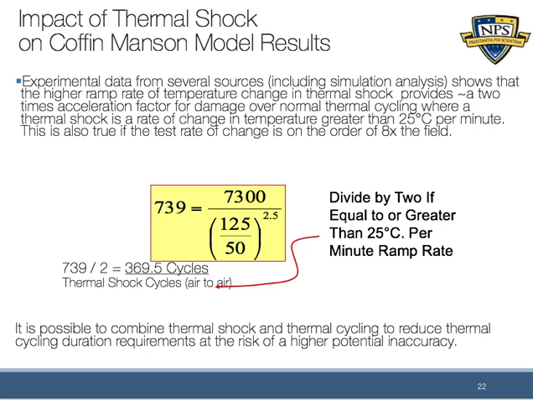Okay, so there's a little bit of work that's been done to show that if you have very high rates of change, for example 25 degrees Celsius per minute, which is pretty quick, then the number of cycles that would be equivalent in the last example I just showed would not be 739, it would be more like 370. And that's to say that the component accumulates damage by the cycles and the delta T, but also by how fast you subject it to those cycles.